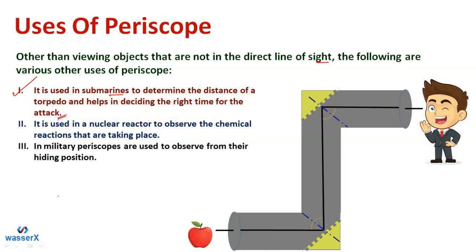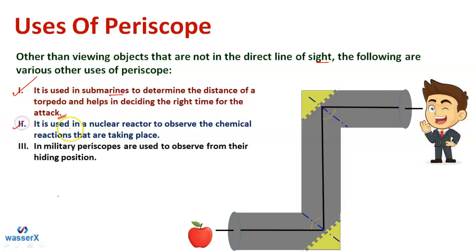A torpedo is a kind of bomb shaped like a long narrow tube that is fired from a submarine. So it helps a person sitting in the submarine to see the torpedo, which is not at the same level. This is the first use.